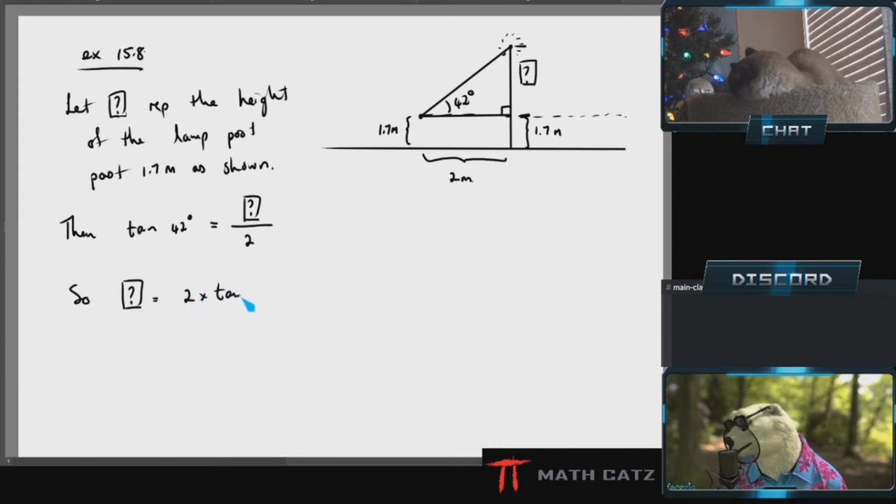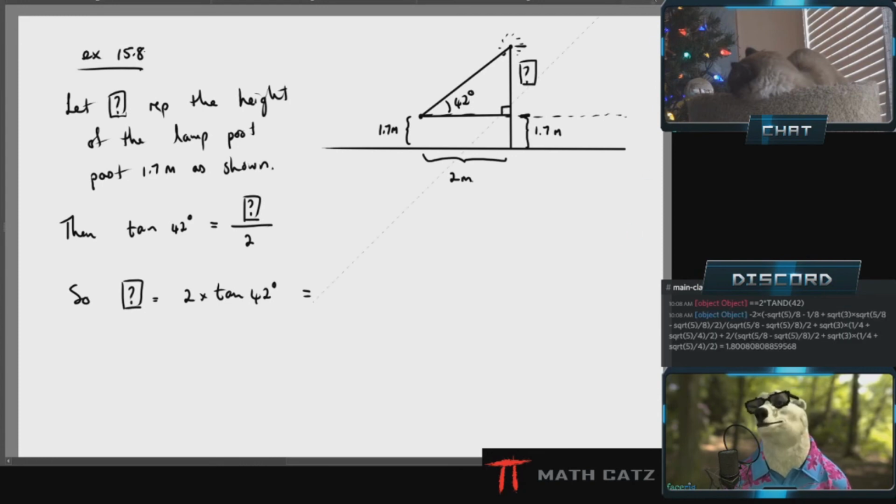So then the question mark in a box is 2 times tan of 42 degrees, which, calculator will tell me, 2 times tan in degrees 42, and I get 1.80. Very close, but still rounded, so be aware of that.